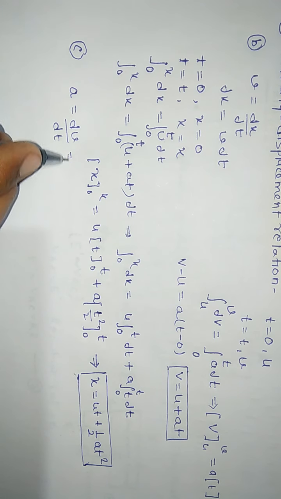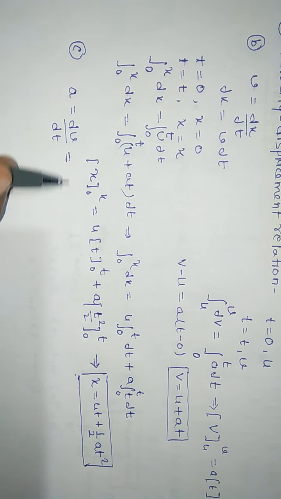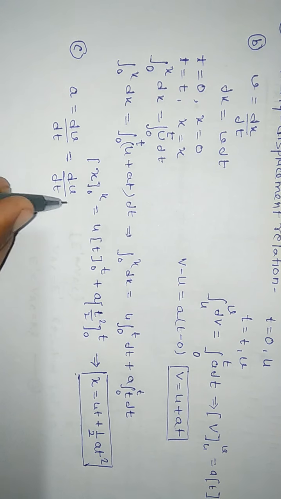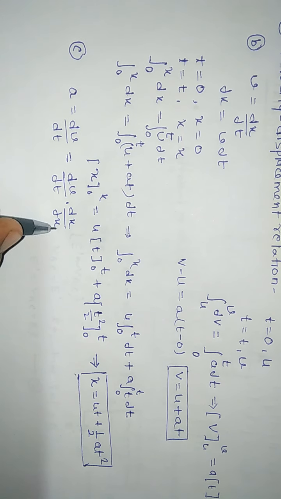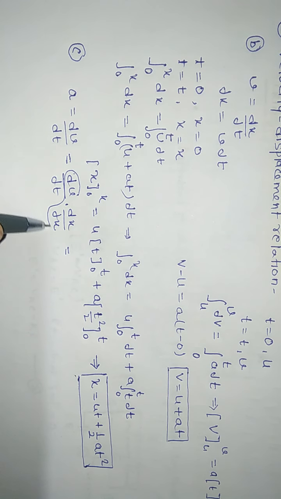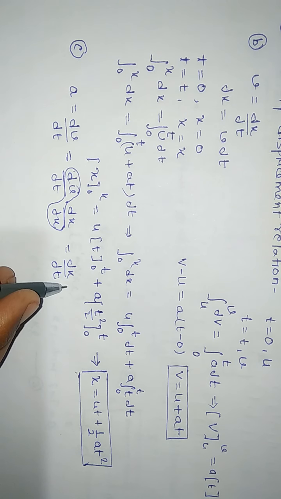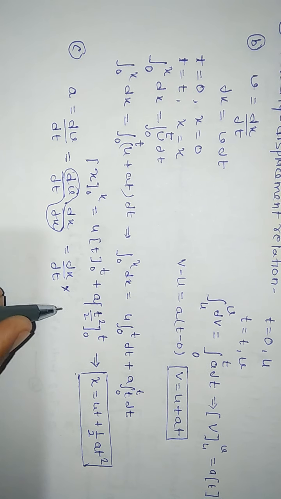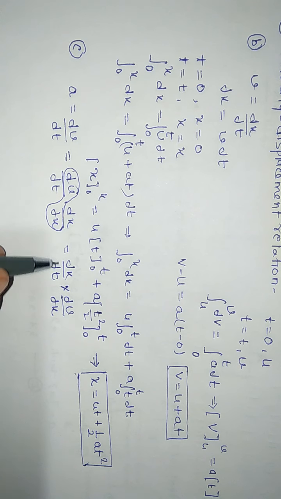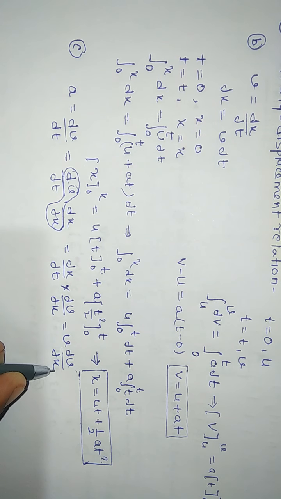Multiplying and dividing the right hand side of the equation by dx, it can be written as dx upon dt into dv upon dx, and we know that dx upon dt is equals to v, so v dv upon dx.